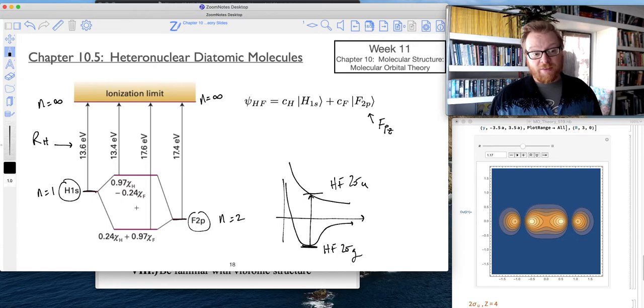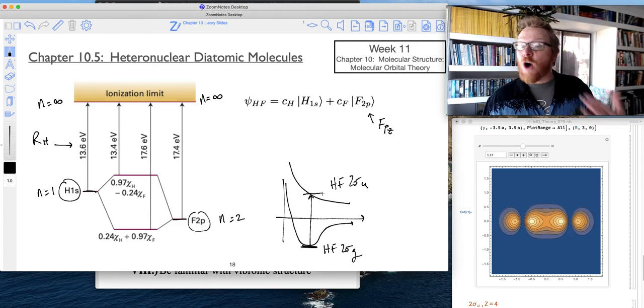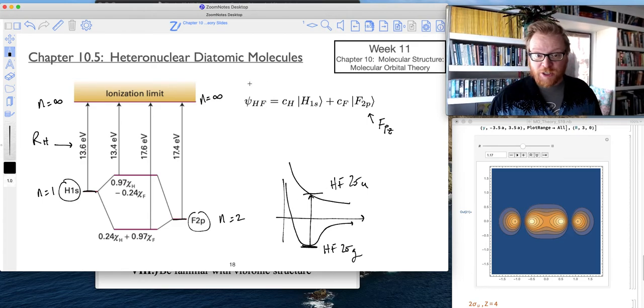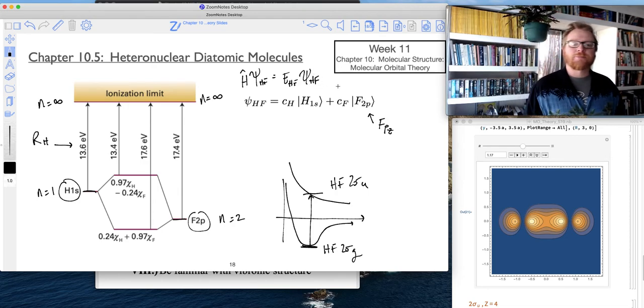And we could then start to get at these coefficients by solving this wave function. In other words, we would put this together as the Hamiltonian times psi HF equals E HF times psi HF, the original wave function.